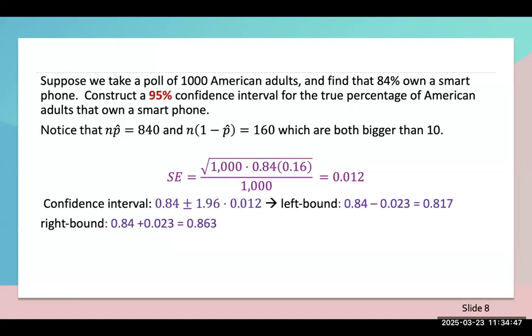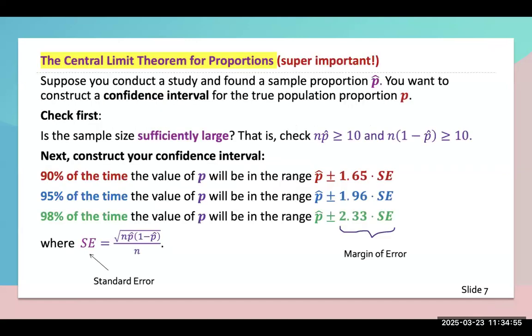Now we can build our confidence interval. For 95% confidence, we set the z-score. We'll go back to the slide real quick. For 95% confidence, the z-score that goes in front of the standard error is 1.96. We said it was about 2 standard deviations away from the mean.